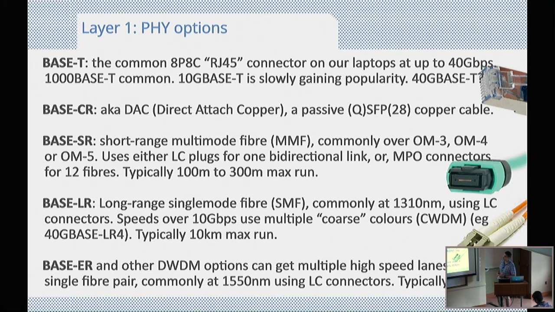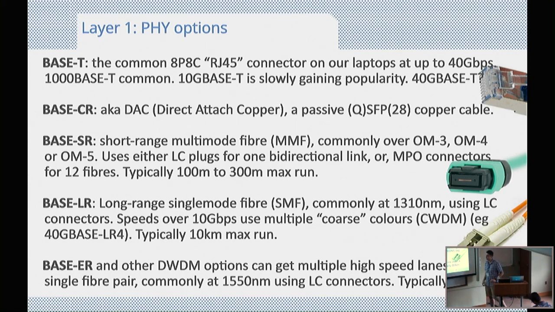If you want to run longer than that, you go to base LR, and this is long range over single mode fiber, commonly at 1310 nanometers, also using these LC type connectors. And here, the standards that are running at speeds of over 10 gigabits per second commonly use multiple colors on the fiber to get the high speed.